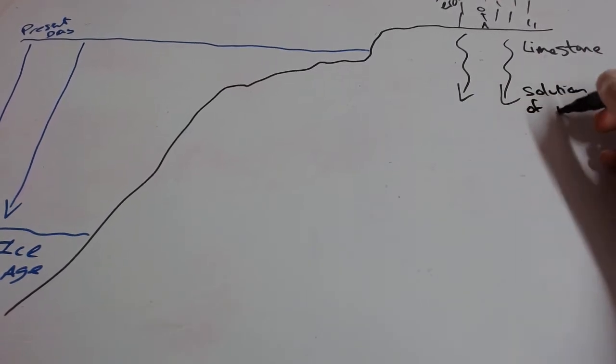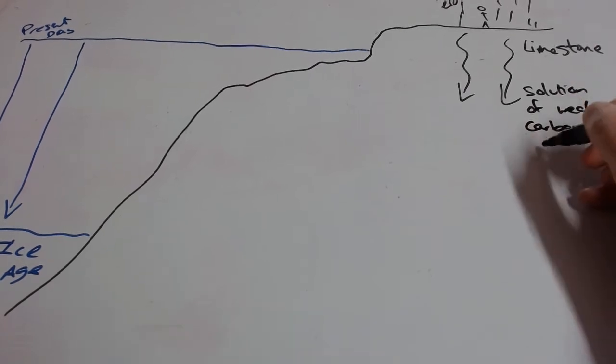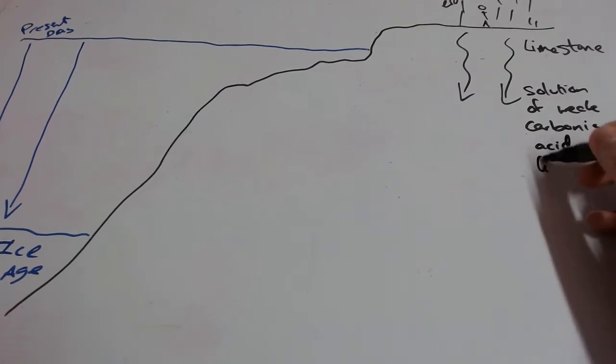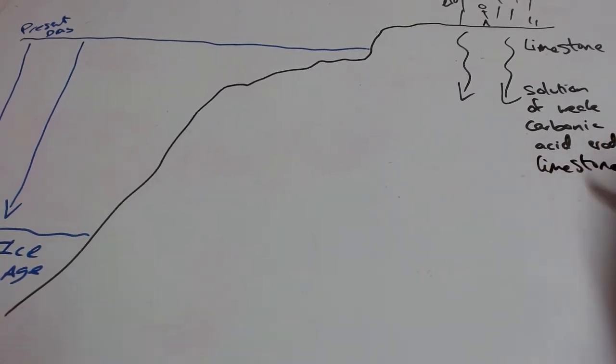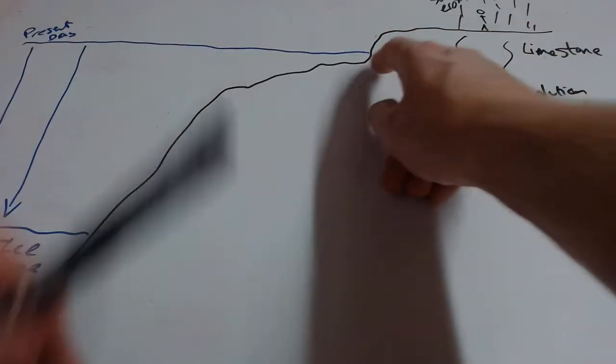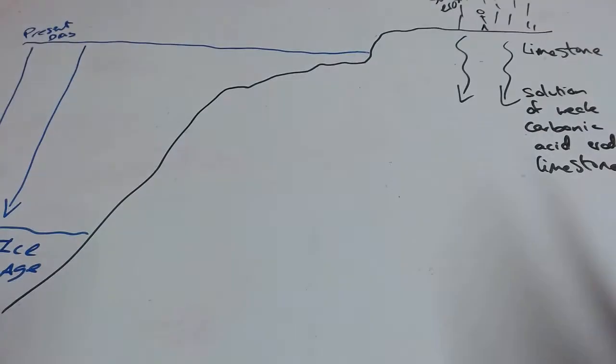Solution of weak carbonic acid erodes limestone. Now we should all know as well that that leaves huge big cave systems behind. So when the sea level dropped, all of this here was exposed. All of this was then exposed to solution as well.